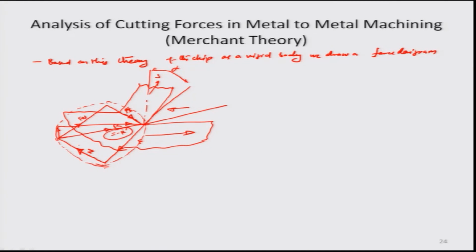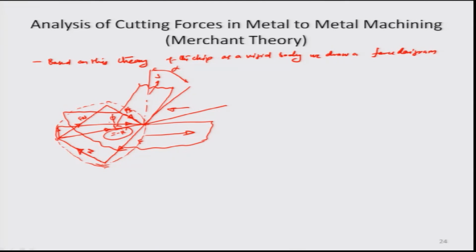That is why we call it the Merchant circle diagram. Obviously, the angle that the shear plane makes with respect to the direction of velocity of the tool with respect to the workpiece is phi, and we have a variety of other angles in the diagram that we have finally obtained.